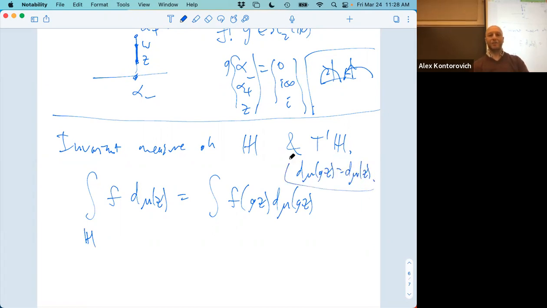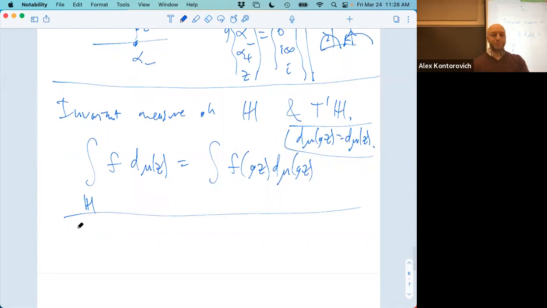What's an invariant measure? We've talked about invariant measures because we did them for the p-adics. So I have my point Z, which is x plus Iy, and I claim that the measure d mu of Z is equal to dx dy over y squared.